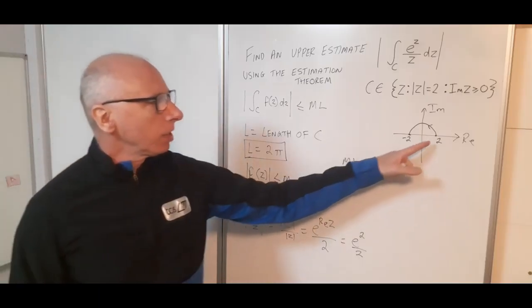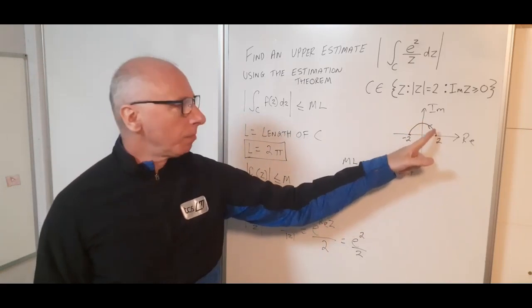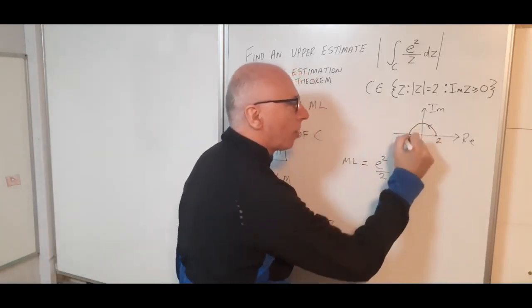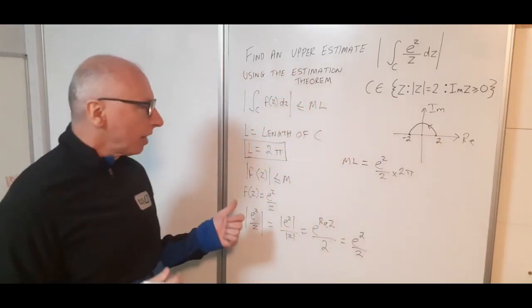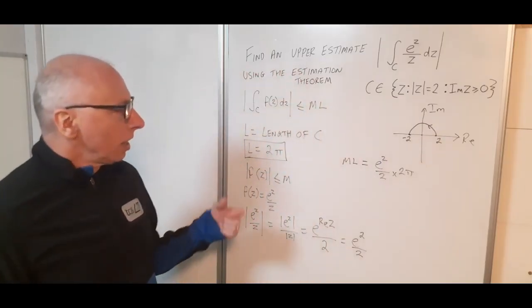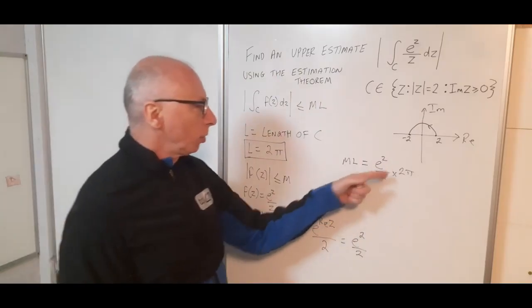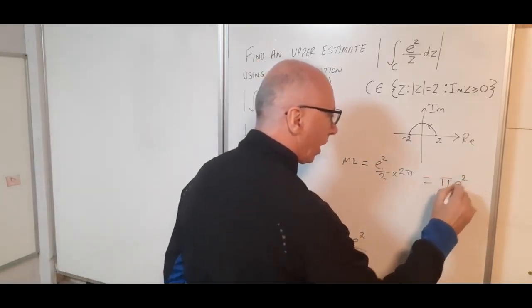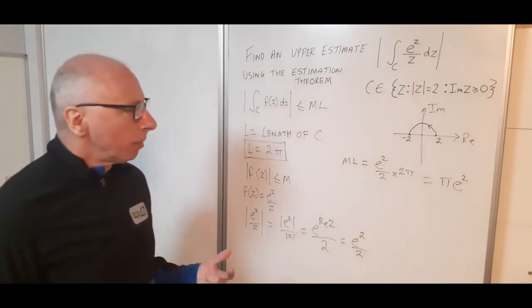But as we're dealing with a circle's circumference, z equals 0 is never on our contour. So we're quite happy that this is continuous. So now we can define our ML, just multiply through, and that would equal pi e squared. So that would be our maximum value.